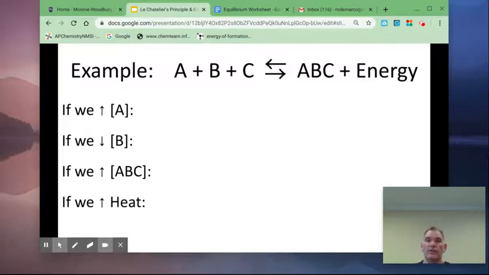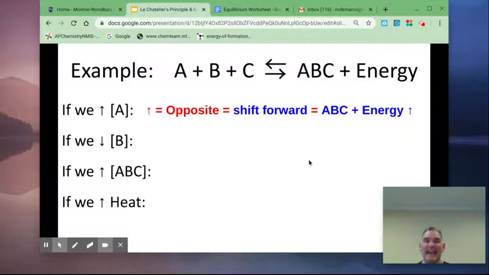So the new concept, if we increase A, now notice it says just A, not A, B, C. So I'm adding something on the left, add opposite. It's going to shift to the opposite side. So when I add A, it's going to go to the opposite, which means the forward arrow is being favored.